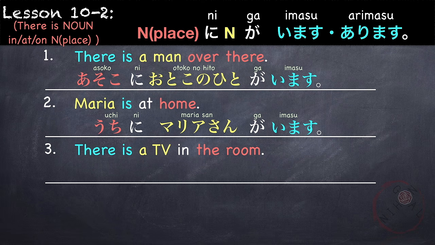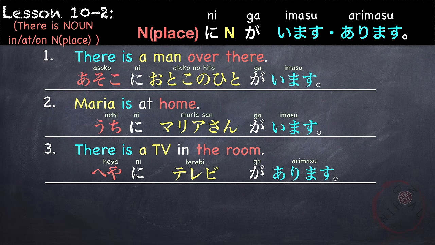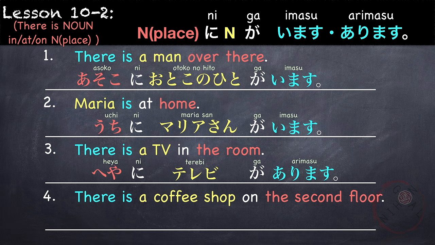For objects, such as, there is a TV in the room. Our place is room, heya. Heya ni. TV is terebi. And then, ga arimasu. Heya ni terebi ga arimasu. There is a coffee shop on the second floor.